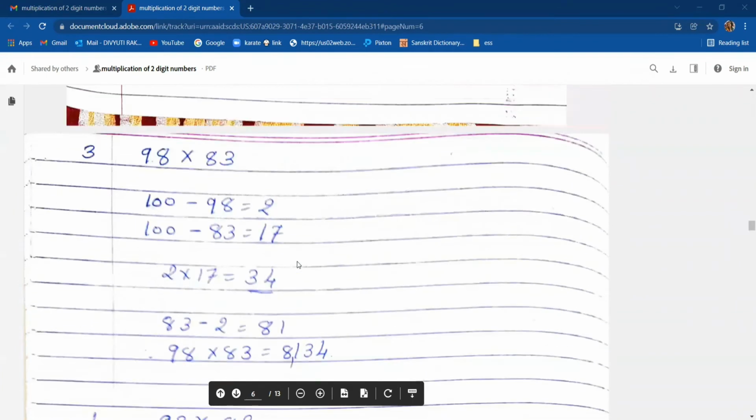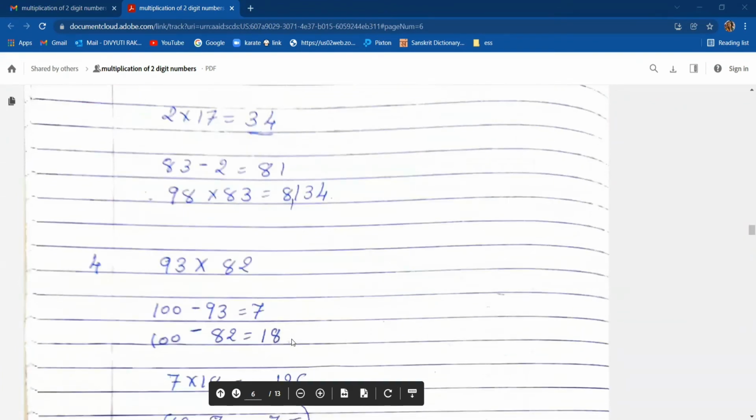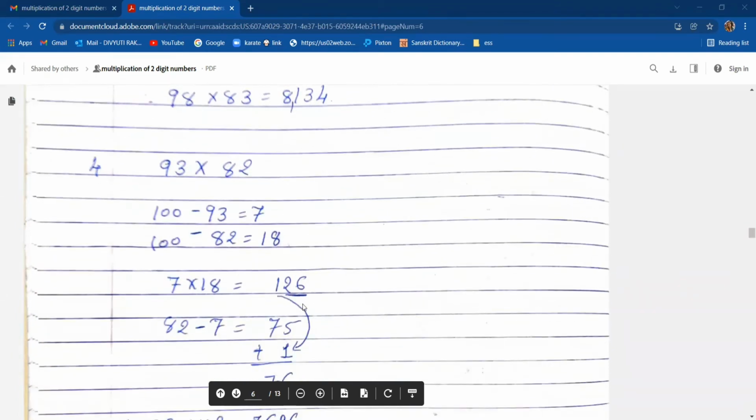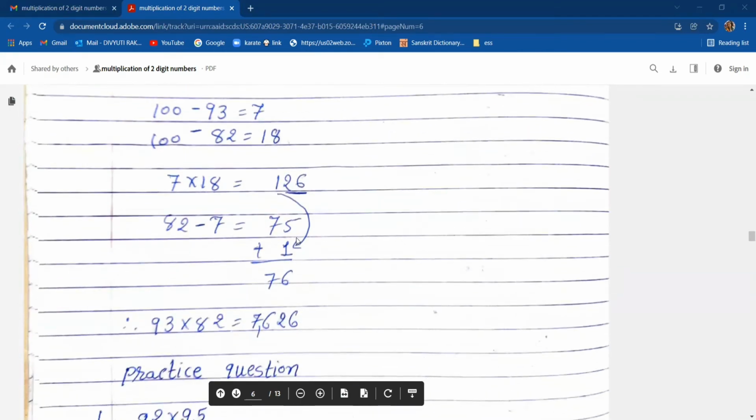In this question, everywhere we got two digits only. Here we have got 3 digits, so we will consider only 2 digits, and 1 will be taken as carry, and that carry we will add with the answer of this subtraction, right?